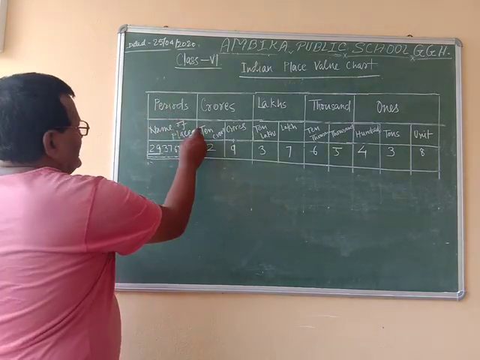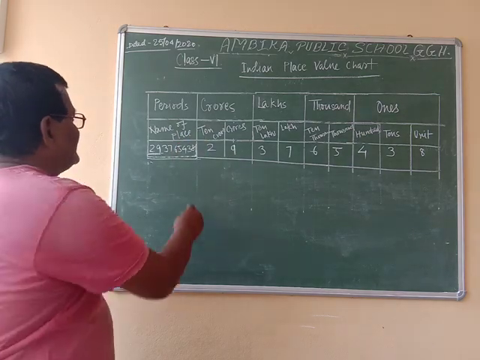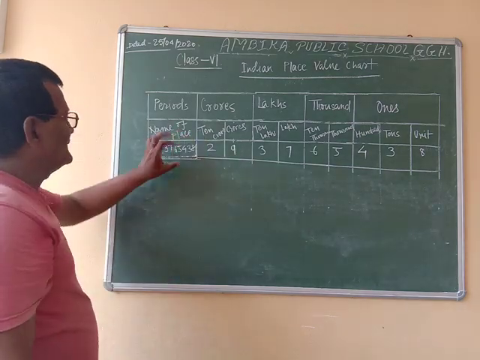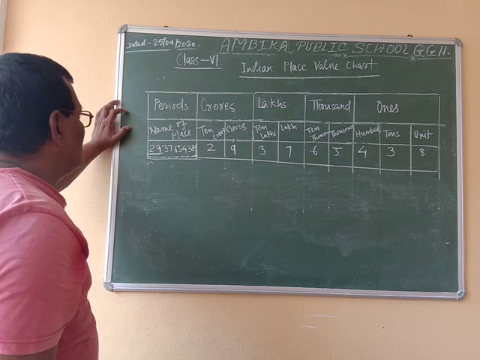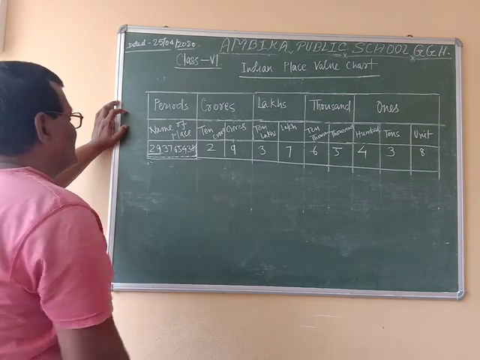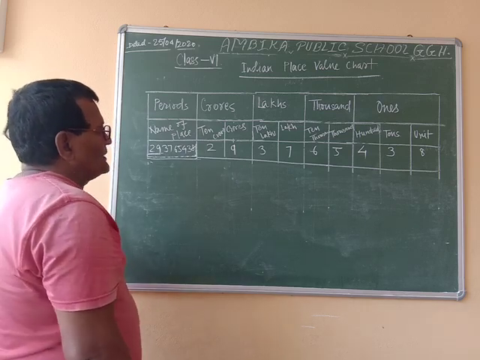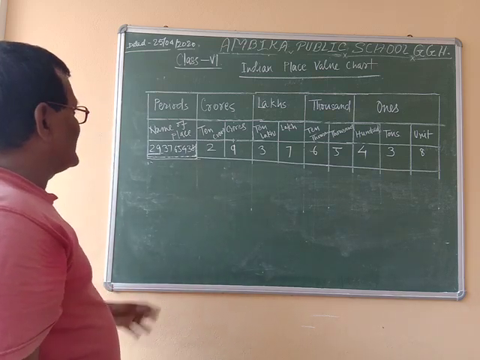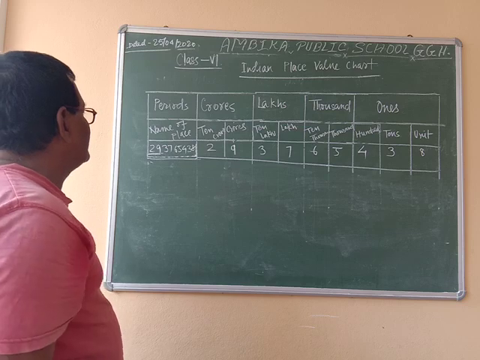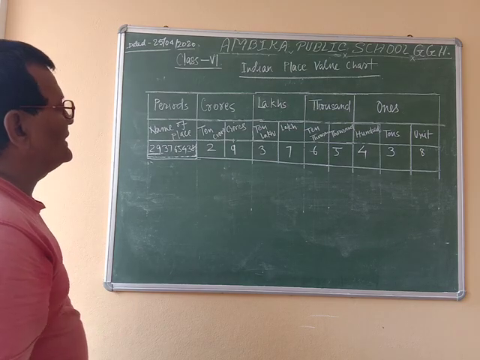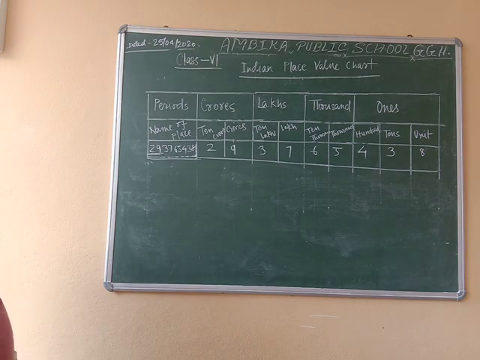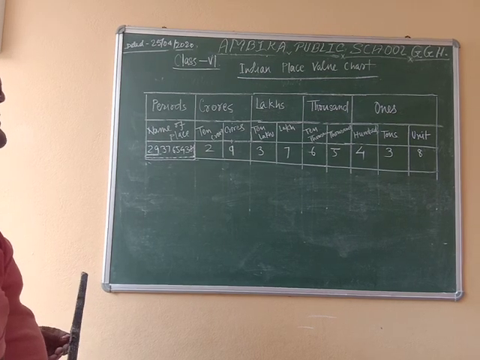And at last we write the name of place. If you are given any number, then in this way you can write this number in different places, and in this way we make the place value chart.